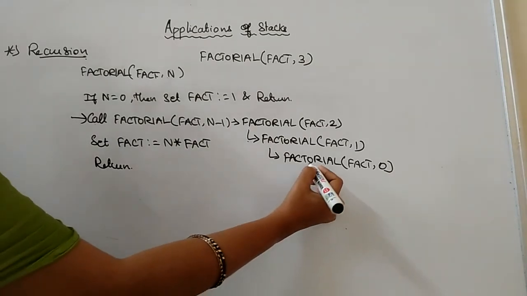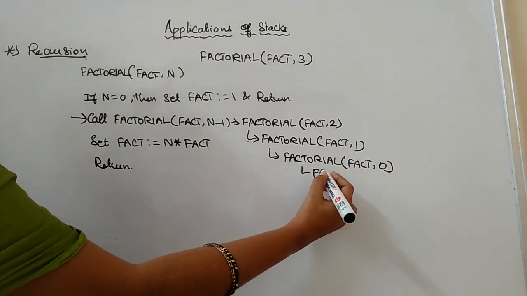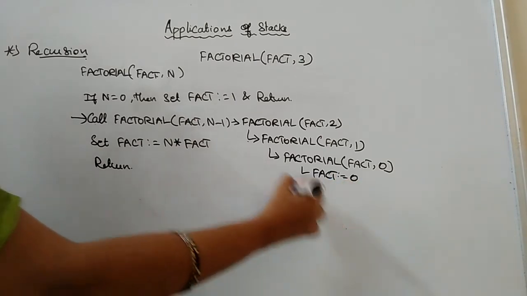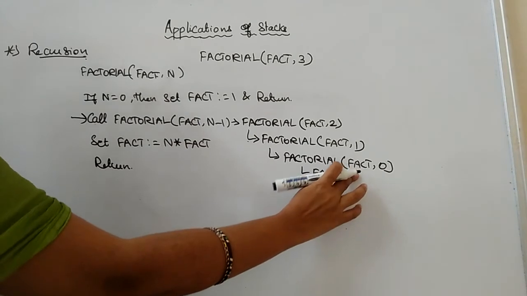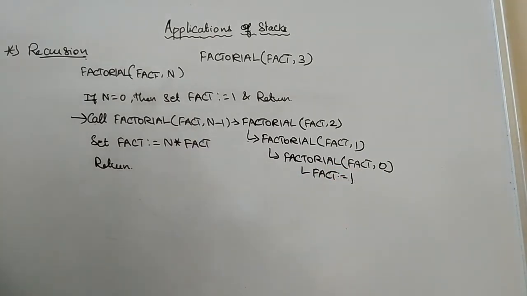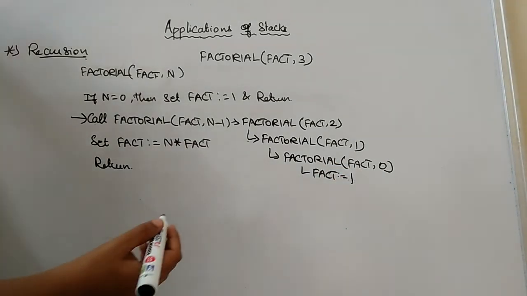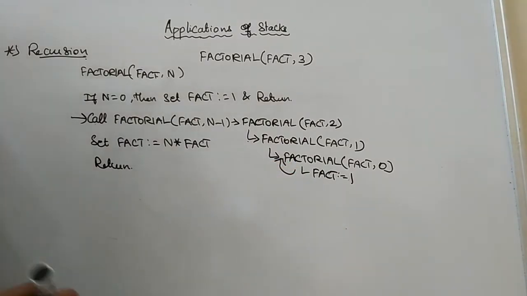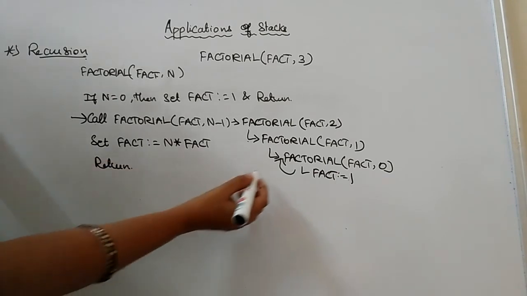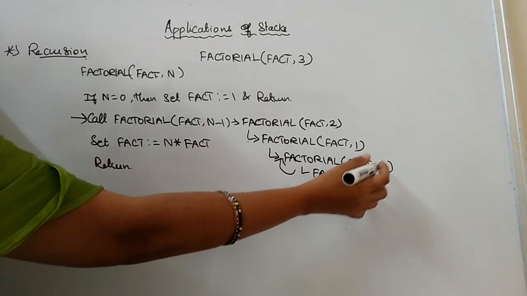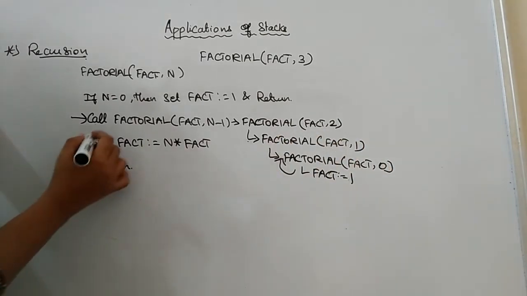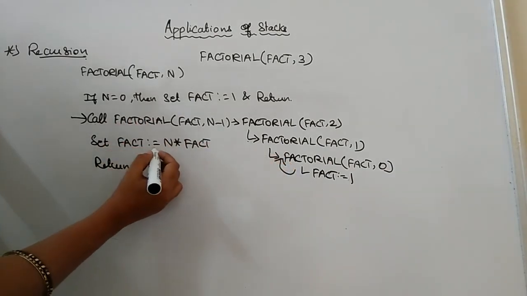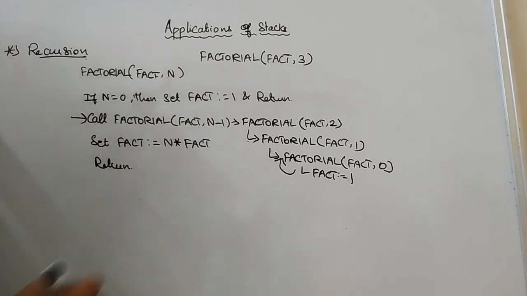Return goes to where you have called the function. Where you called factorial of fact of 0, the next statement to this line is fact := n into fact.